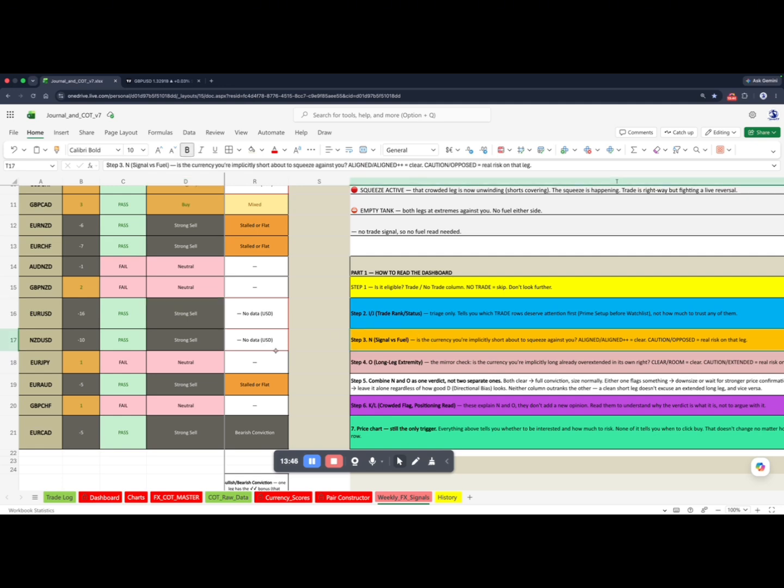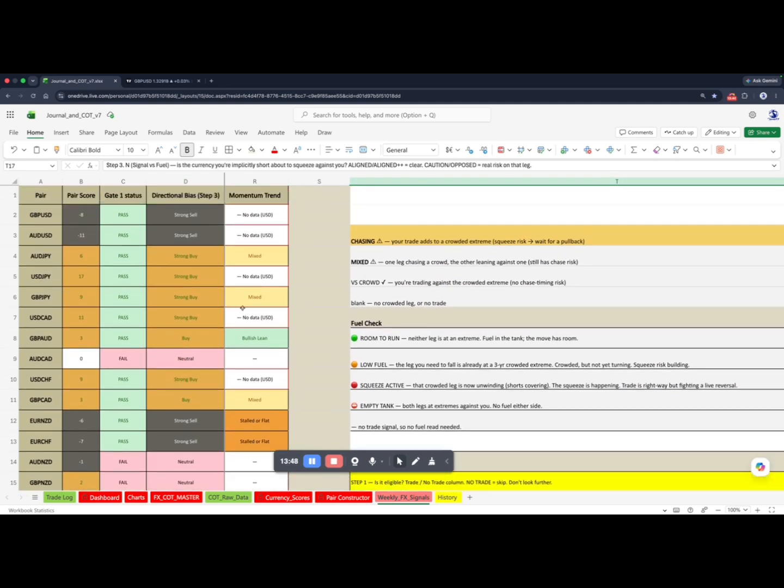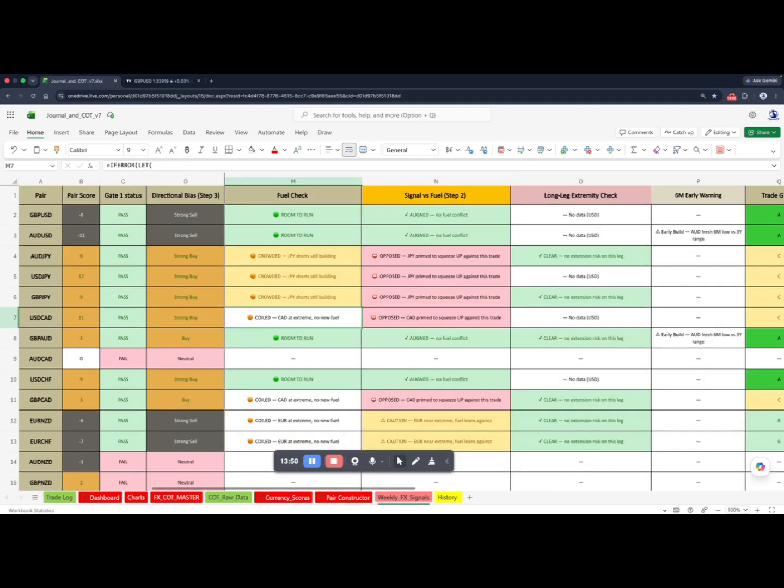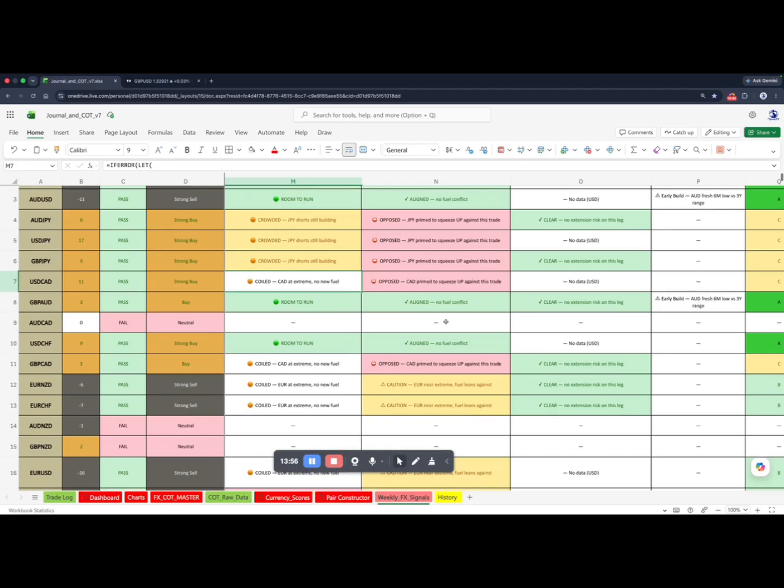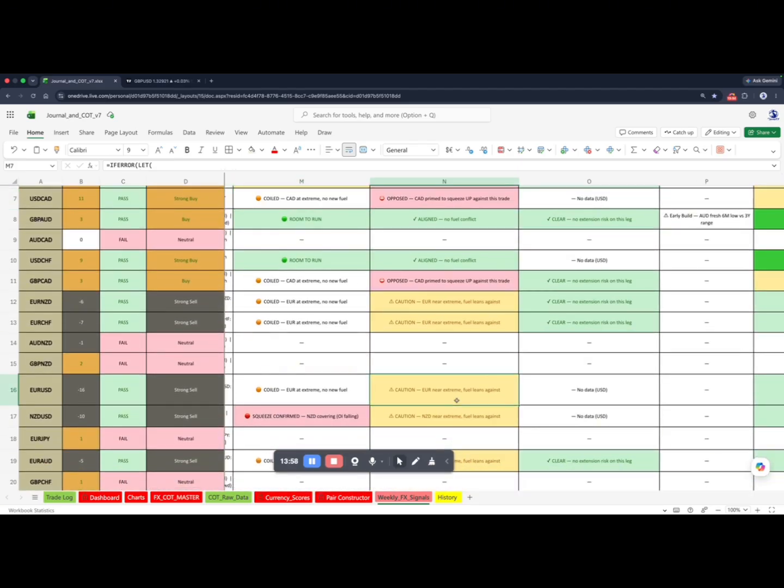And this is where we look at signal versus fuel, which is here, column N, which is orange. And it's here. Caution, euro is near the extreme. The fuel leans against it, which basically means it's probably choppy.